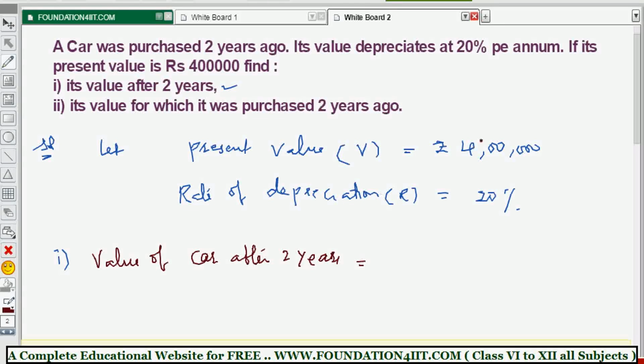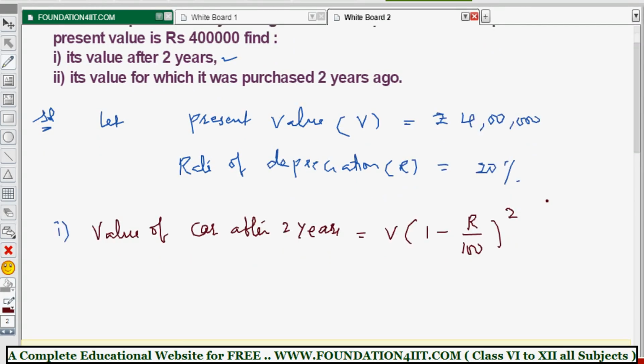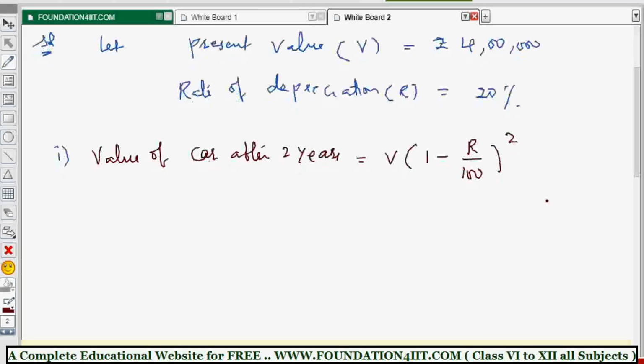That formula: V into 1 minus R by 100 to the power 2, because it's 2 years. And just substitute the V value and R value. So V is equal to 4 lakhs. Right? And 1 minus R is 20, 20 by 100 to the power 2.